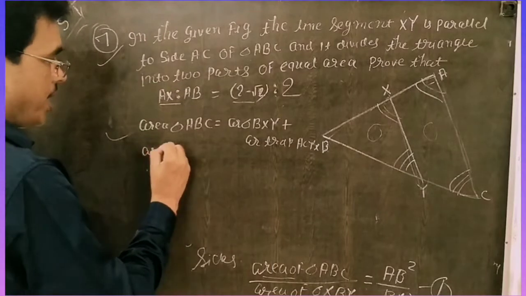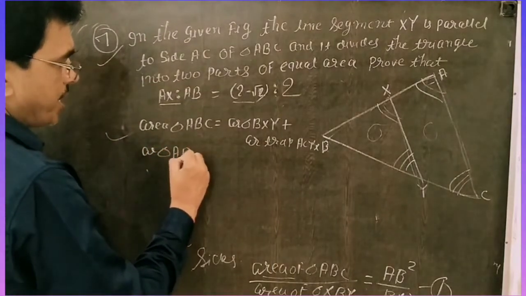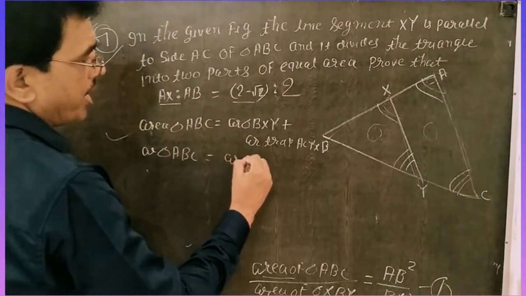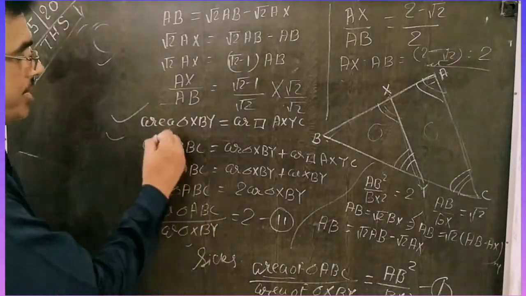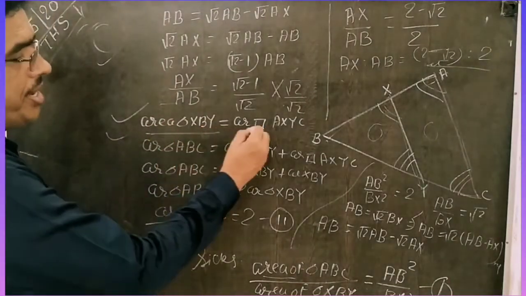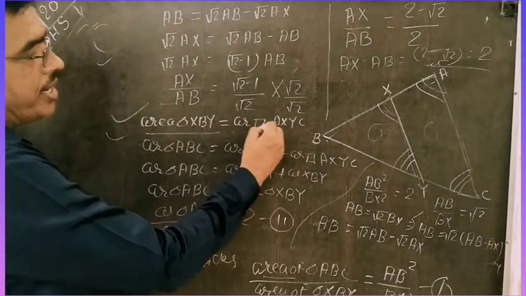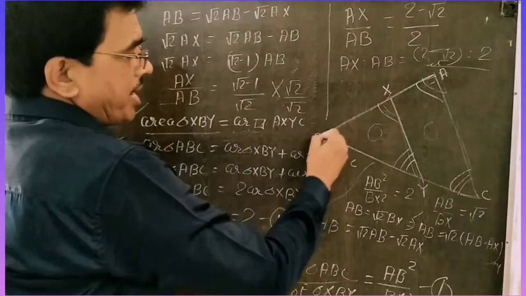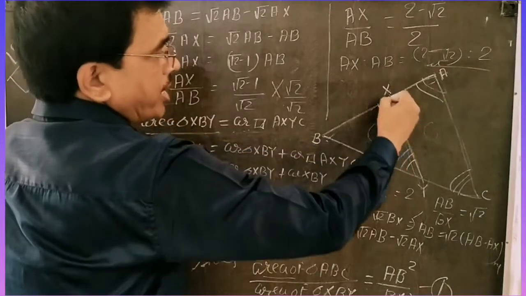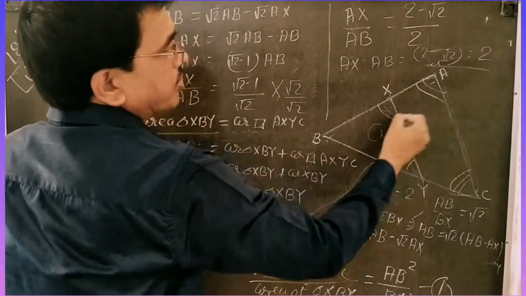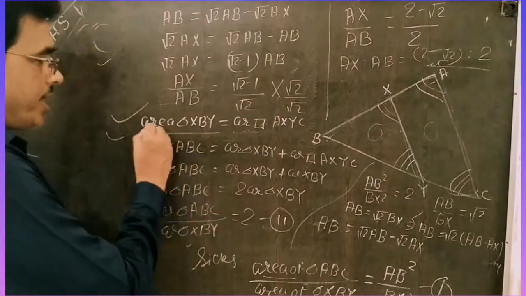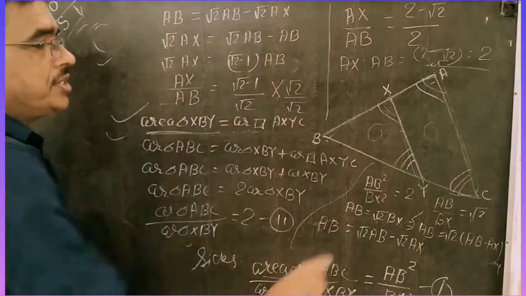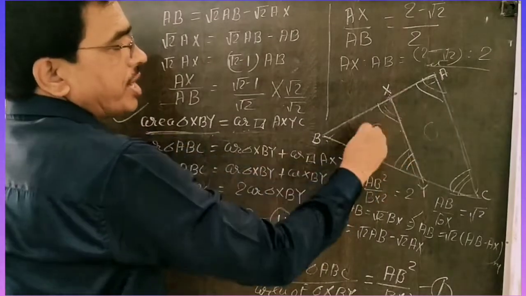Next, area triangle ABC is equal to area triangle. Now it is given that area of triangle XBY is equal to area of quadrilateral AXYC. Means area of this triangle is equal to quadrilateral AXYC. Also you can say this is the trapezium and you can write trapezium also. But area of these two parts is given because this XY divides into equal area.